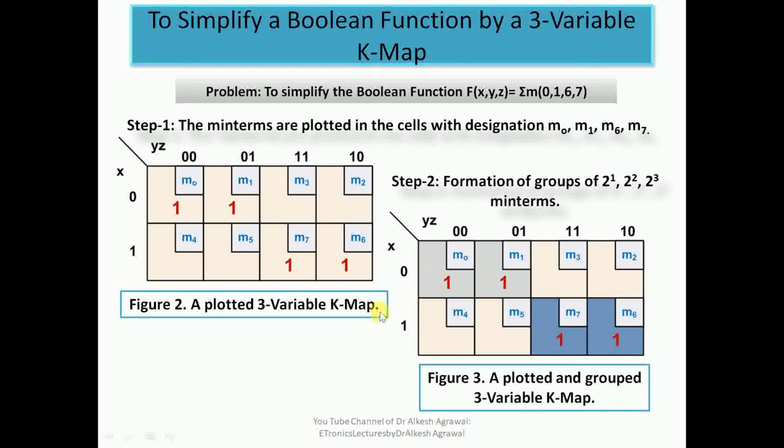Now, the second process is to make groups. In order to simplify a Boolean function, we have to make groups. All these groups can be in powers of two.